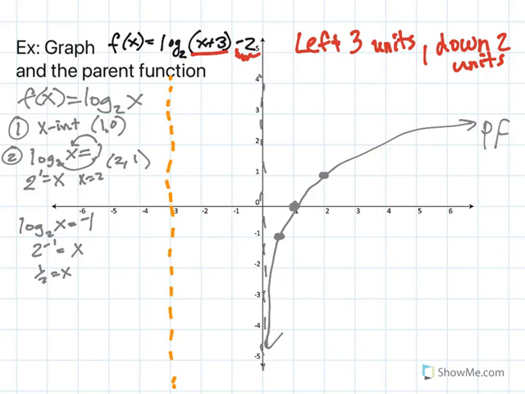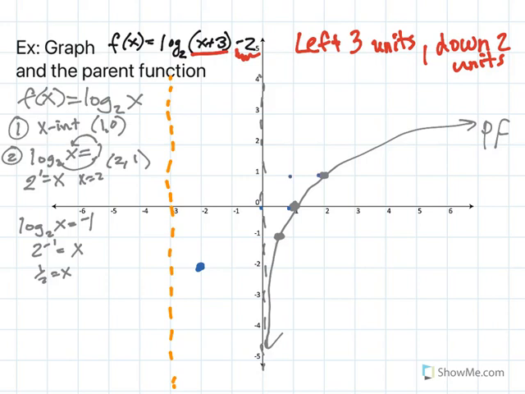If you have different colors, like a marker or a pen or pencils, use different things, even if it's just textures, to help you know. Crayons work great. All right, now I'm going to move every point. I'm going to start with my intercept. I'm going to move it left 3, down 2. So my new starting point is -2, -2. Then I'm going to move my point 2, 1.